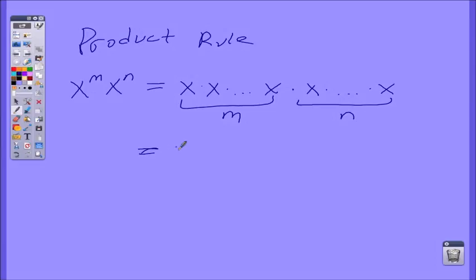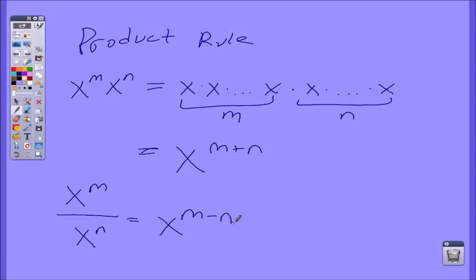Therefore, this is equal to x to the m plus n. This law is the product rule. And similarly, we also have the quotient rule, where x to the mth over x to the nth equals x to the m minus n.